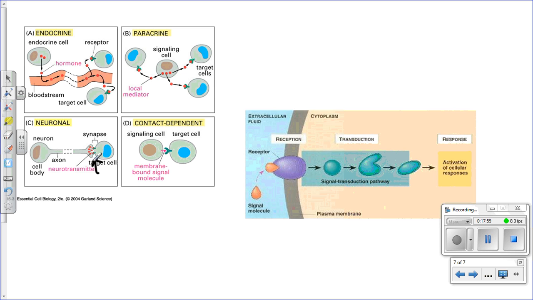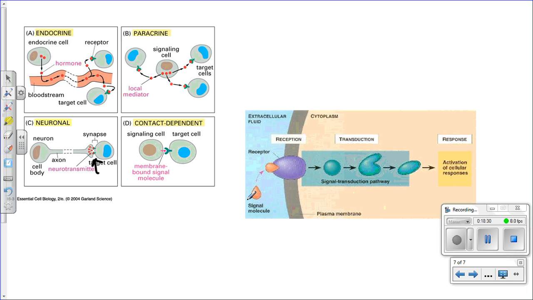So this would be synaptic, where we secrete a neurotransmitter, affects the second cell. Paracrine, where we have one cell releasing, and we end up getting local deployment, right, to the cells that are very close to it, causing the target cells to change in some way, shape, or form, or react. And then contact, when one cell has to touch another cell. Regardless, they all have the same idea, in that we have this reception, transduction, and then an intracellular response.